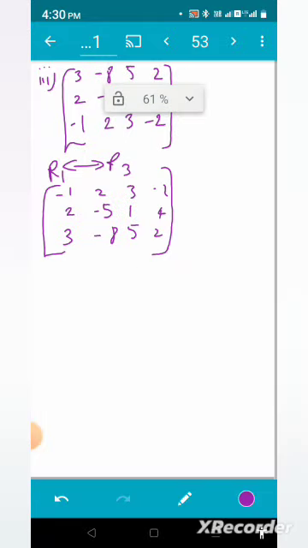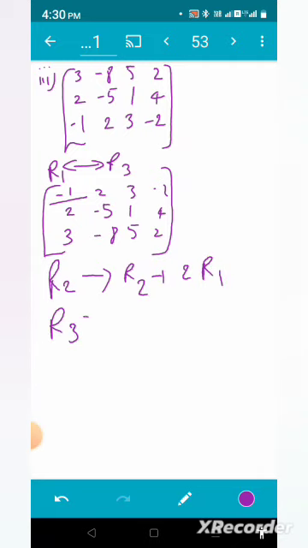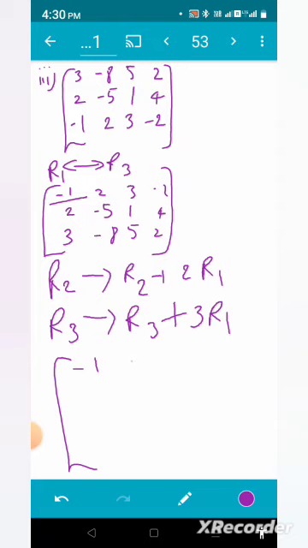So from this the first number is non-zero, so we can change these 2 into 0. So I put R2 gives R2 plus 2 R1. Similarly R3 gives R3 plus 3 R1.